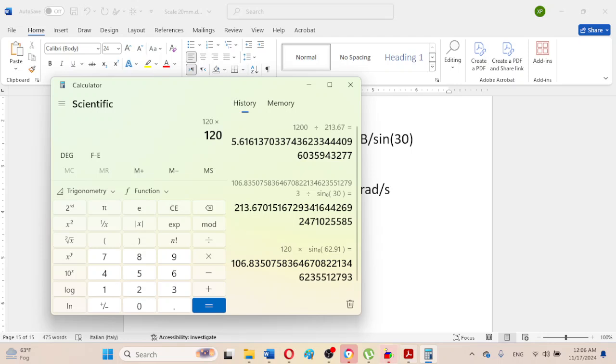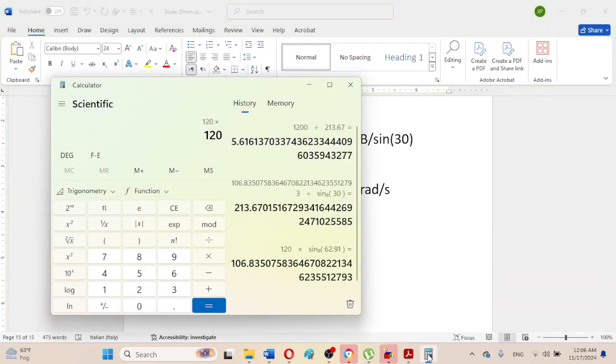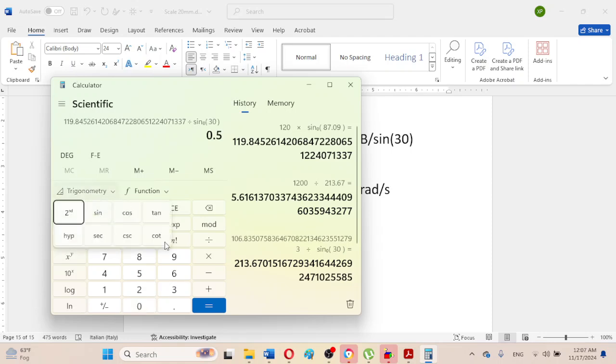multiplied by sine of 87.09. So 87.09 and its sine will be equal to 119.84, and just divide it by sine of 30 degree.